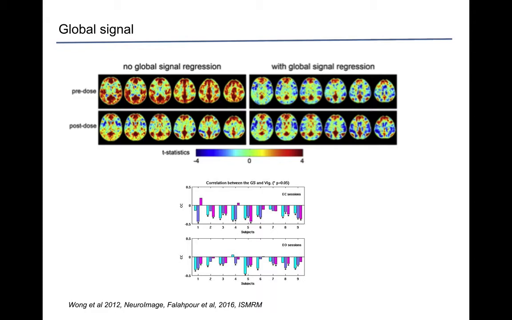To some extent, this assumption is true, but it's not 100% true. Including the global signal is still under debate, and many labs do it, many labs don't do it and don't think it's a good thing. But I don't want to go into details about whether it's a good thing or bad thing.